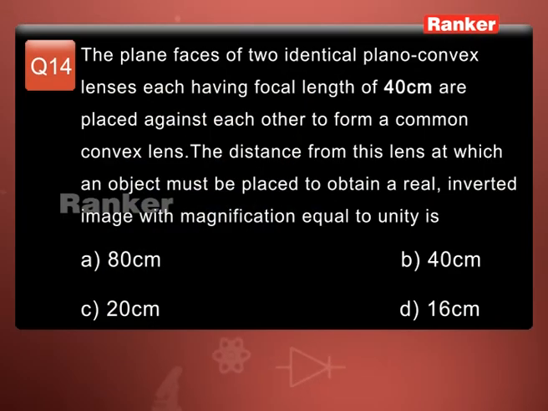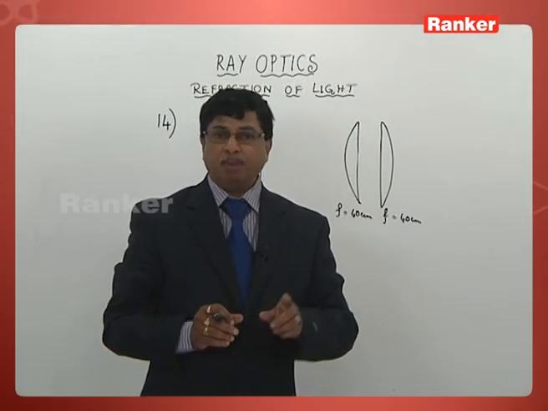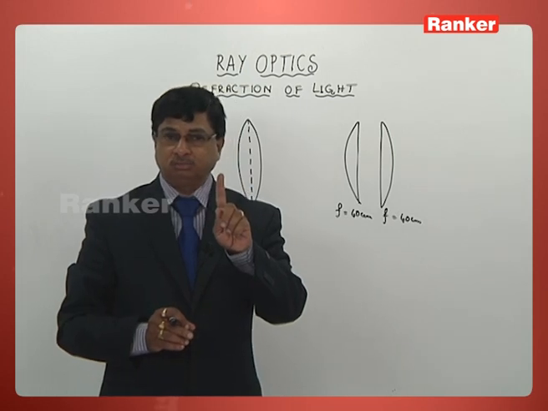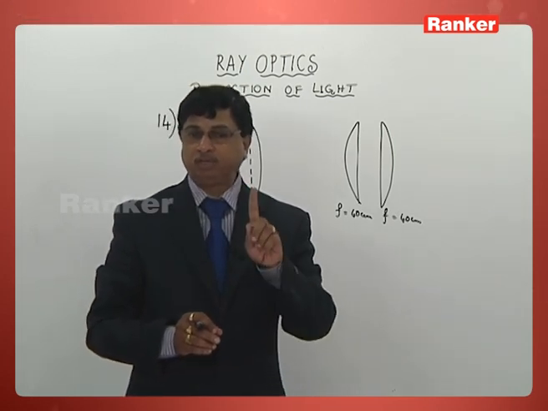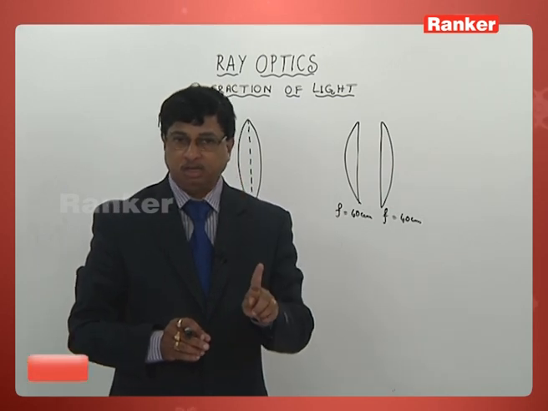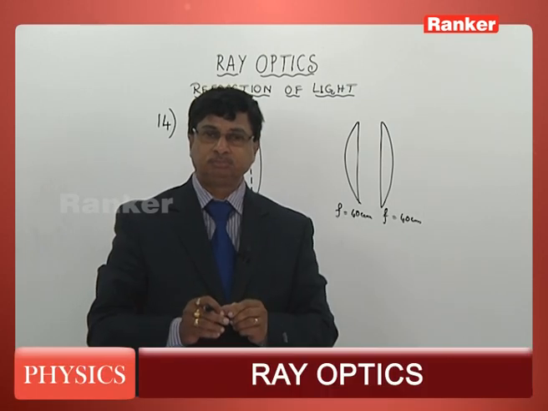Now what is he asking? The distance from this lens at which an object must be placed to obtain a real inverted image with magnification equal to unity is how much? Magnification is 1. That is the condition you need to understand out of this problem. For magnification to become 1, the object should be placed at the center of curvature.